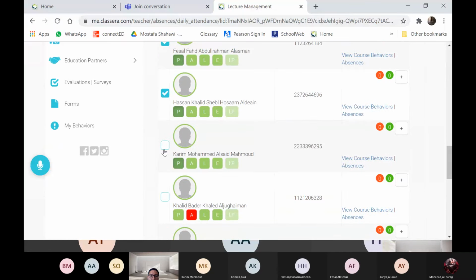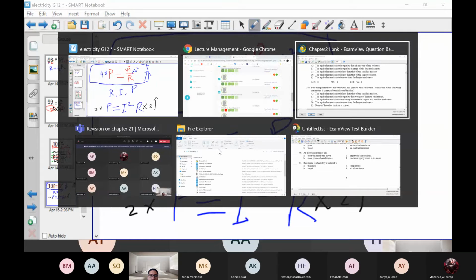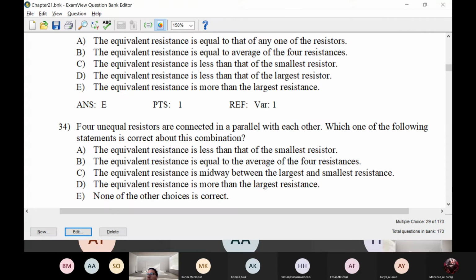Let's go for Karim. 34, read it, Karim. 4 unequal resistors are connected in parallel with each other. Which of the following statements is correct about this combination? A, B, C, D, or E?